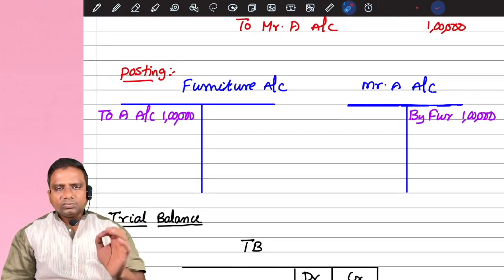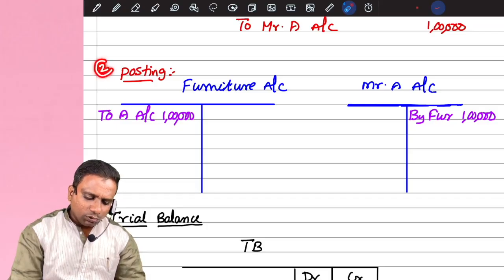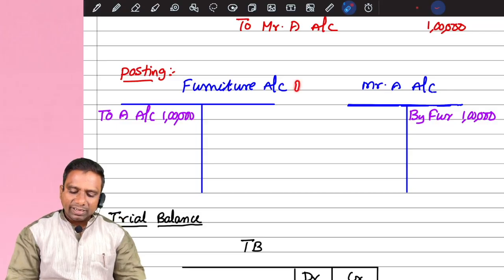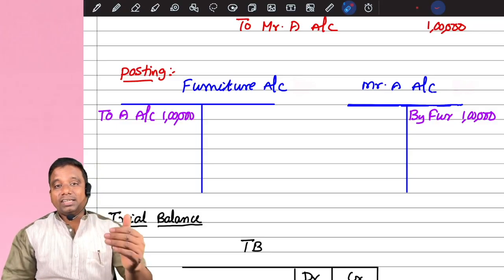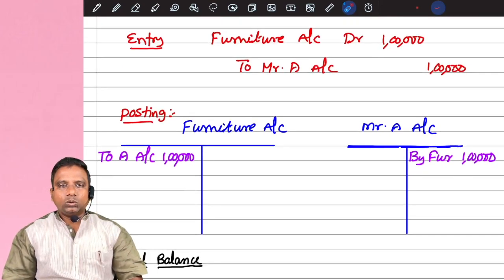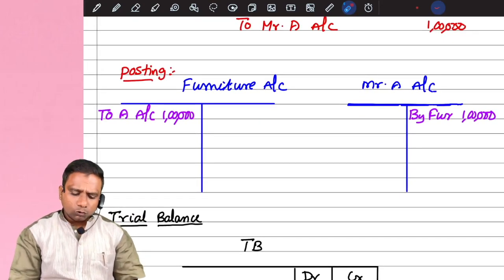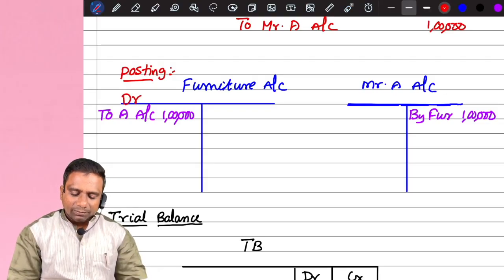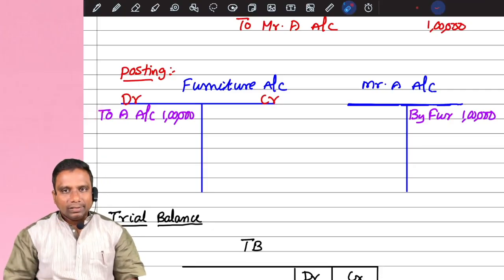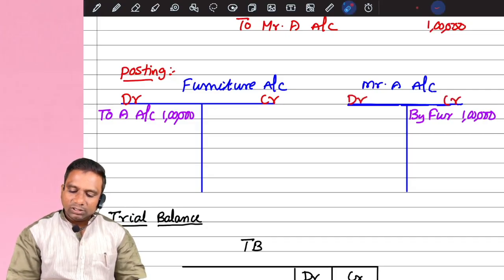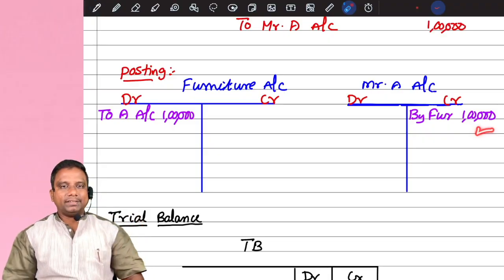Next, the second step is we have to post it into the ledger. How many accounts do we open in the ledger? Furniture account and Mr. A account. In the entry, furniture account is debited, so in ledger posting also the furniture account is debited, to Mr. A account 1 lakh. On the credit side of Mr. A account, by furniture 1 lakh.